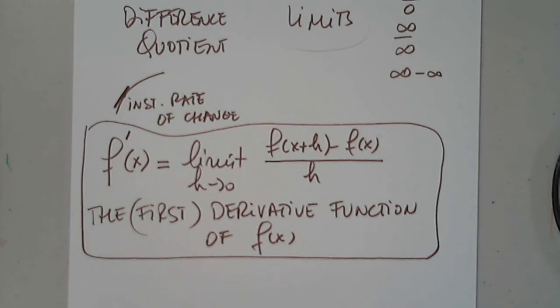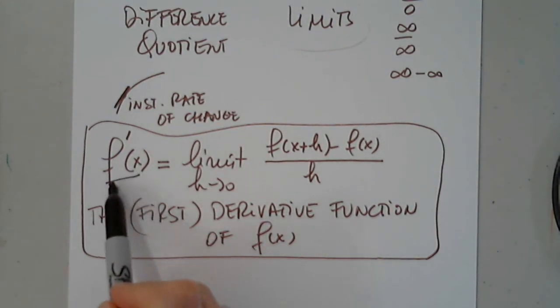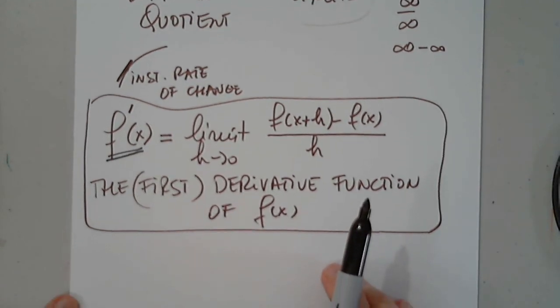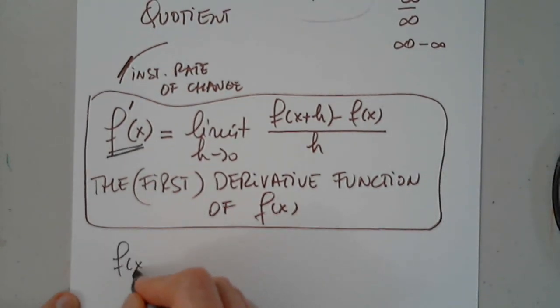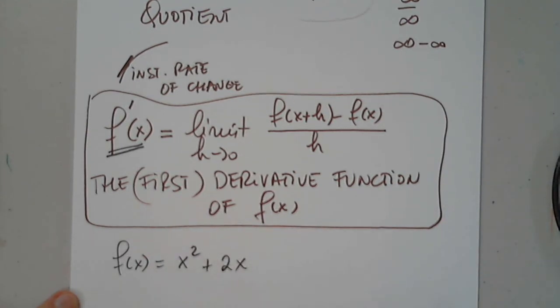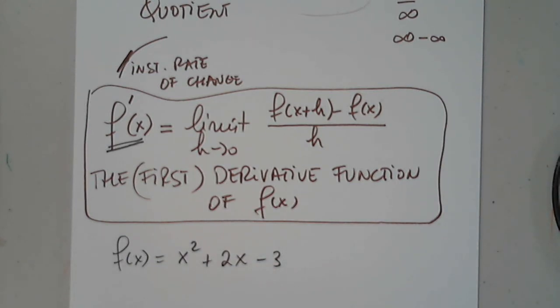Okay, so I have a function. Why would I want to determine this? So here's a function, f of x equals, let's say, x squared plus 2x minus 3. This is quadratic.